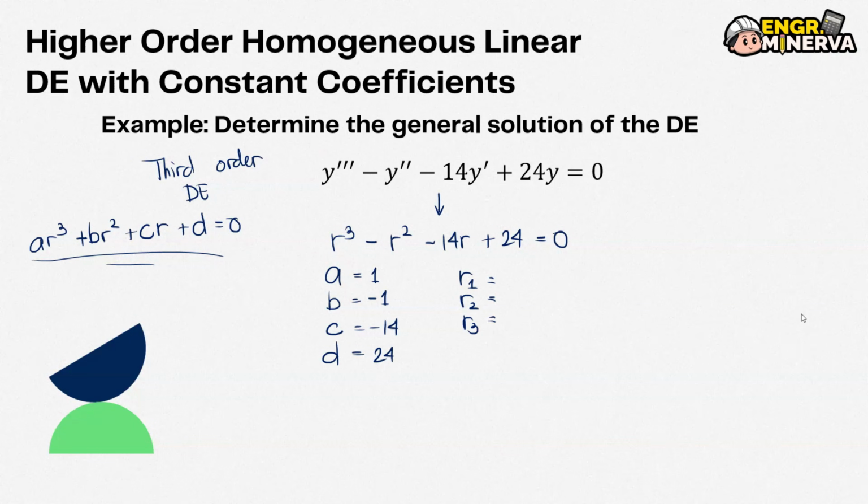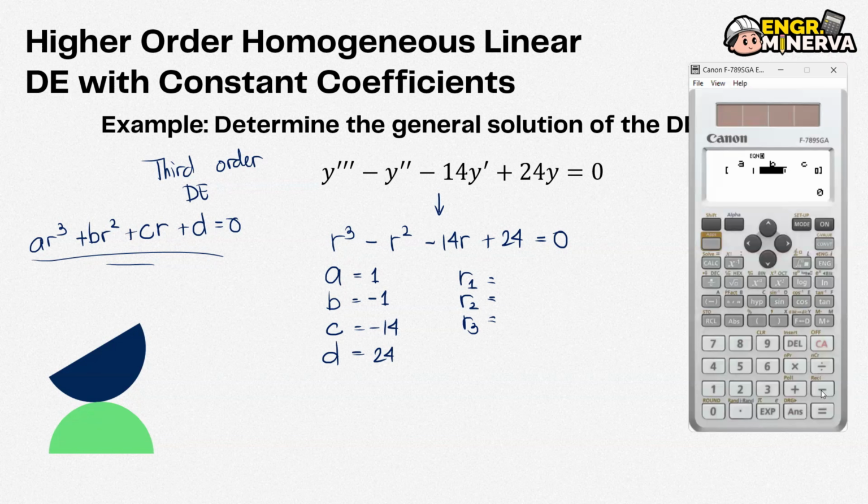So if we have 3 roots, input A, B, C, and D. Our equation mode is quadratic, but this is now cubic. So we go again to mode equation, down, cubic.